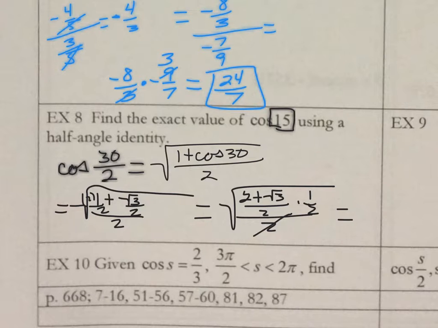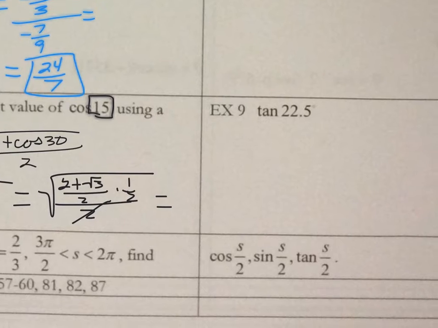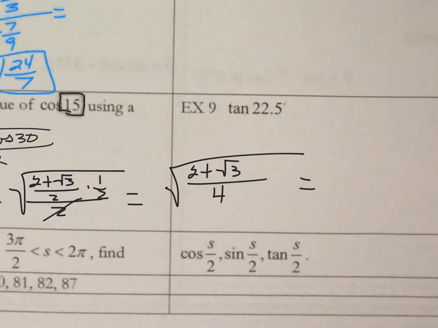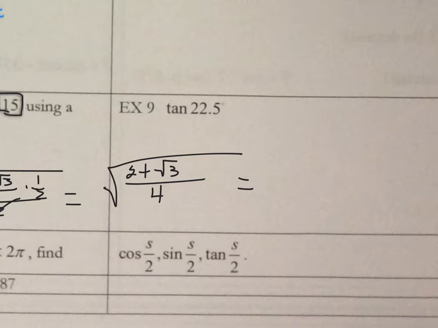Which is equal to, and I'm running out of room here, so I'm going to get over into this other problem a little bit, the square root of 2 plus the square root of 3 over 4, which is equal to the square root of 2 plus the square root of 3 all over, and the square root of 4 is 2.